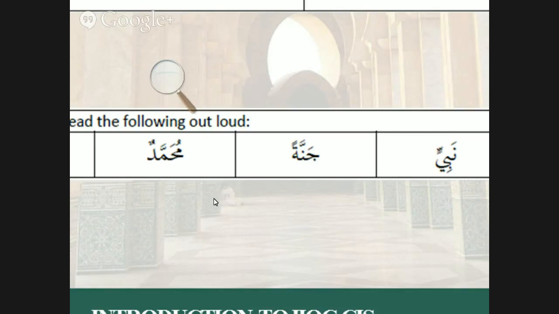Alright, so try to figure this one out. You really should know this one. I'll give you a hint. If you accepted Islam, you have at least said this word several times in your life. In fact, you say it on a daily basis. So, okay. So let's try. What is it?